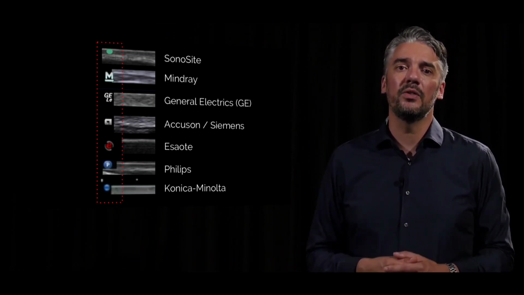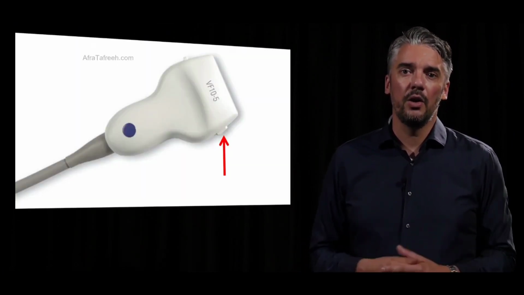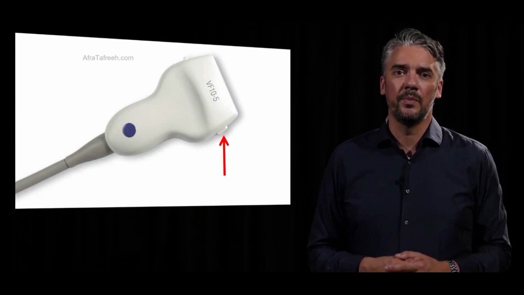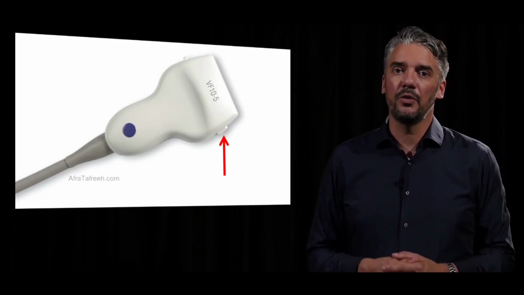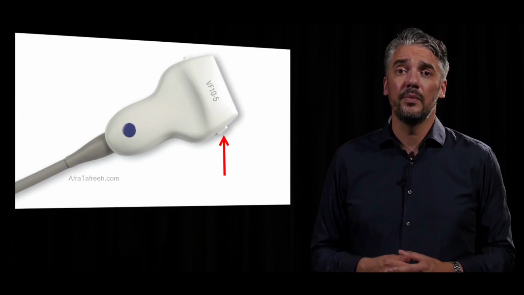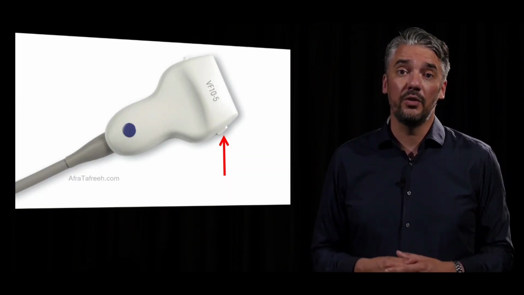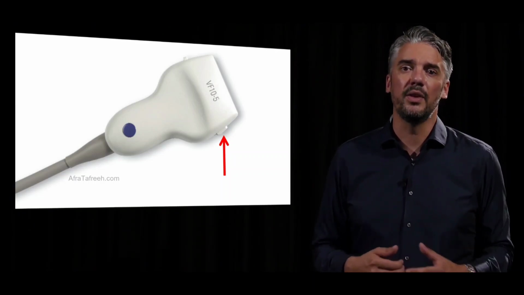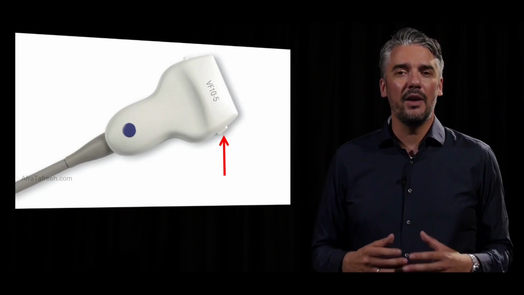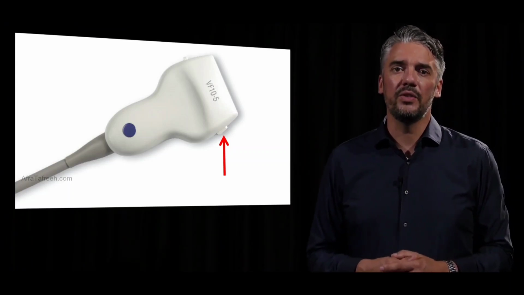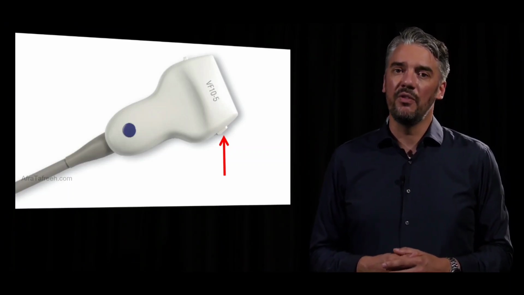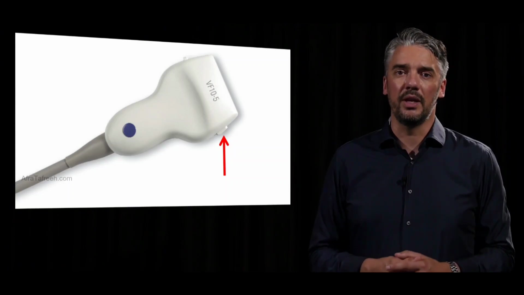This symbol correlates with a marker on the side of the transducer. In some cases, it's a small LED light. In other cases, it's just a small plastic ridge, as seen in this image. Everything which is scanned with this side of the transducer will be visualized on the left side of the screen.